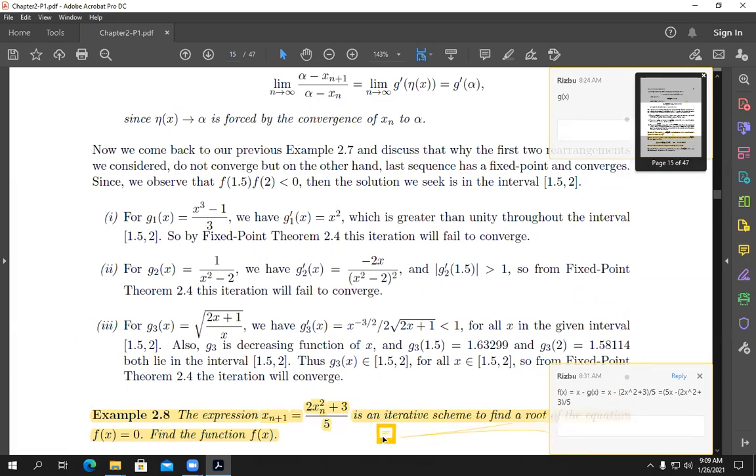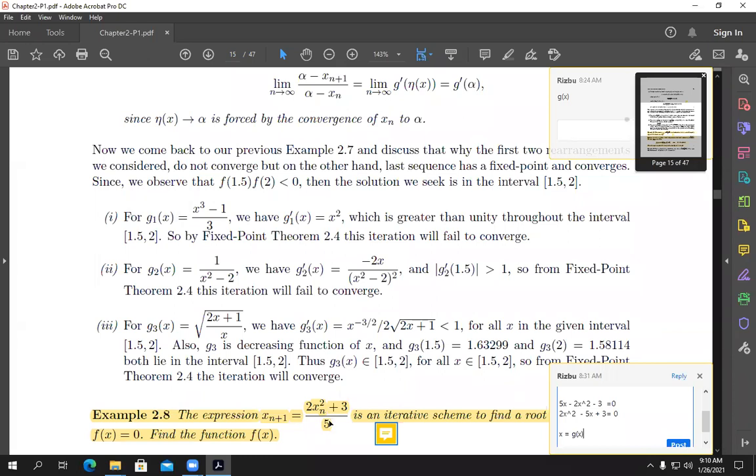So the only thing you have to do is put it on the other side: x minus g of x. And when you simplify after taking the LCM, you have 5x because you have 5 in the denominator. Or if you are very clever, what does this mean? This means x is equal to what?